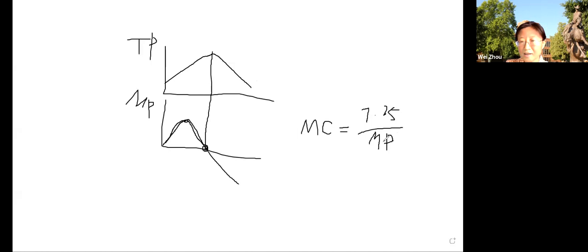So if this is on the bottom, when this number reaches the biggest number, marginal cost will be the smallest number, right? So when this reaches the biggest number, if I draw marginal cost, that will be the smallest number.